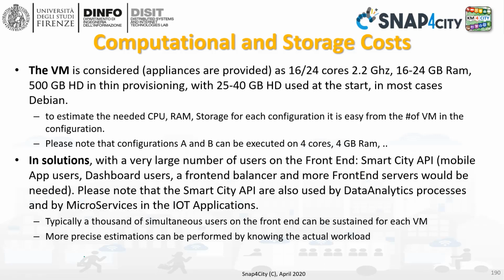So you usually start with a footprint of 25, 40 gigabyte each, depending on which kind of virtual machine you have among those of the Snap4City appliance. In most cases, these virtual machines are Debian, and the actual usage of the hard disk space is dependent on the amount of data that you are putting inside.